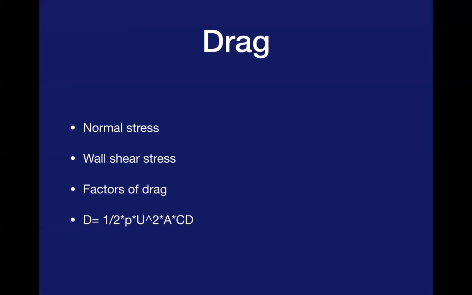And then factors of drag are the velocity, viscosity, compressibility of the air, and then the drag also depends on the area, shape, and angle of attack. We normally use a wind tunnel to find the drag.